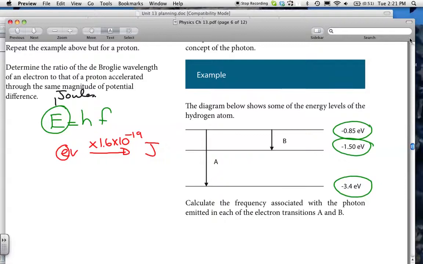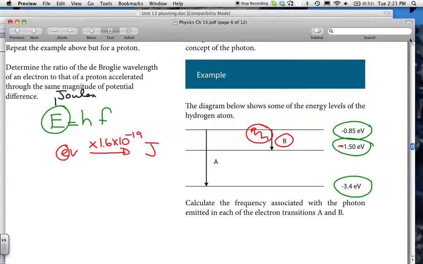In this case, for B, it drops down, so it's going more negative. In other words, it's becoming more stable, so it's giving off energy in the form of a photon as it drops down, and that energy will be related to the difference in the energy levels.